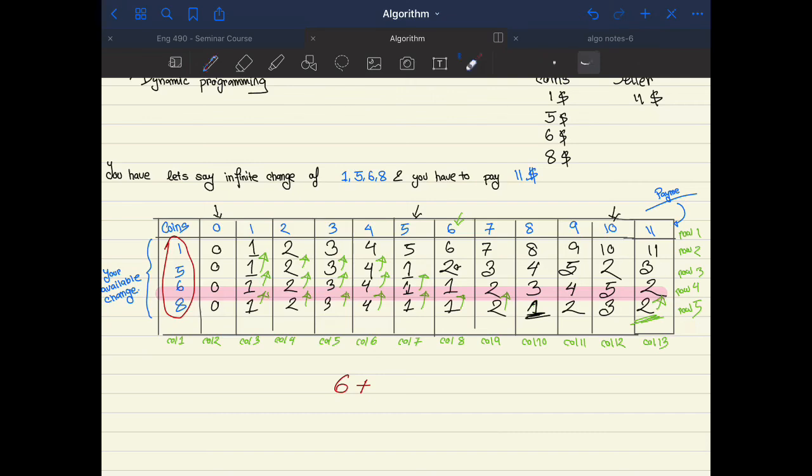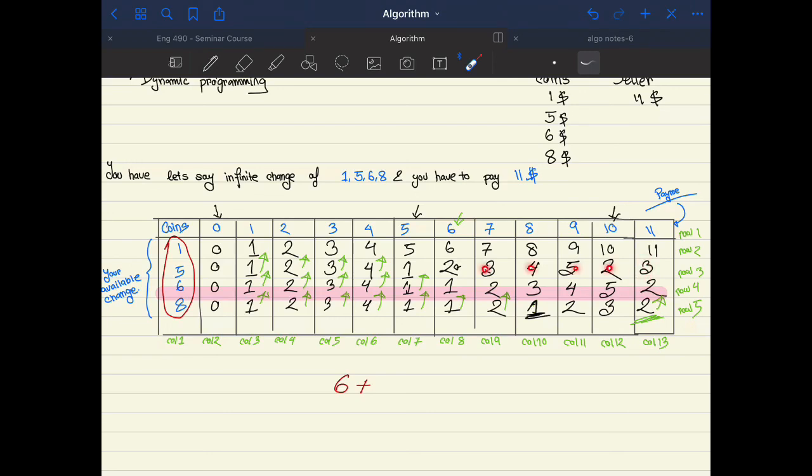Then again the process is we go 1 row up, we go here and we go left by 6 steps. So we got 6 from here, right, from row 4, the one that we selected. So we go up from that row, we go here and go 6 steps back.